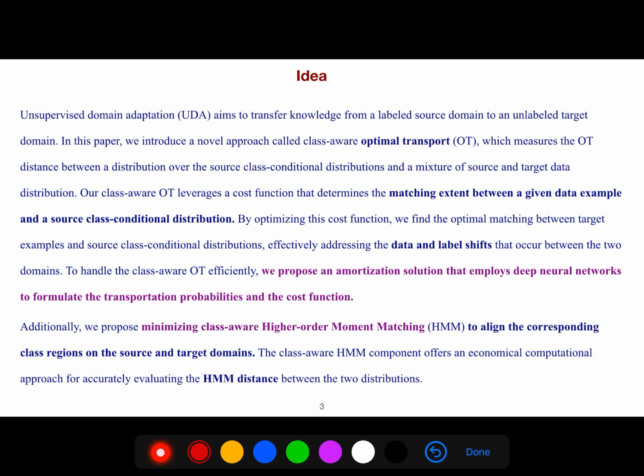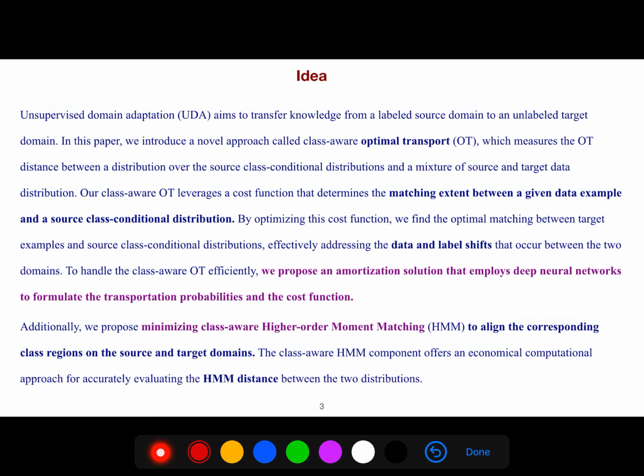Unsupervised domain adaptation aims to transfer knowledge from a labeled source domain to an unlabeled target domain. In this paper, we introduce a novel approach called class-aware optimal transport, which measures the optimal transport distance between a distribution over the source class conditional distribution and a mixture of source and target data distribution.